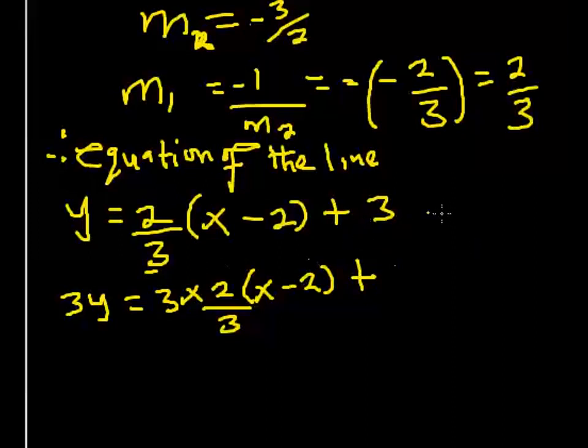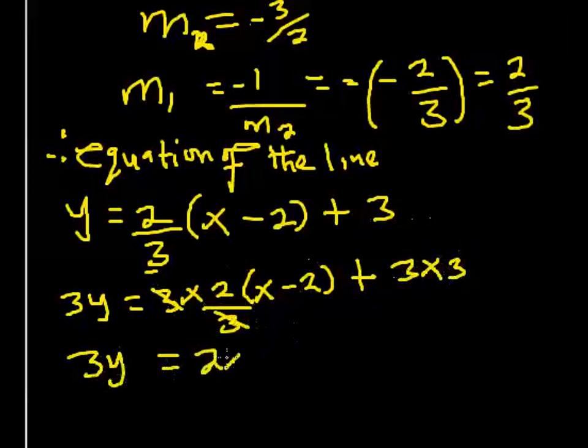I multiply everything by the same 3, 3 times 3, right? So this 3 cancels 3. I now have that 3y is going to be equal to, open this bracket, 2 times x will give me 2x, 2 times minus 2 gives me minus 4, then plus 3 times 3, that's 9.